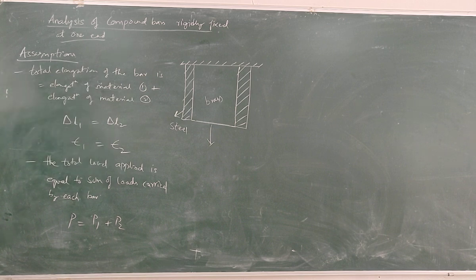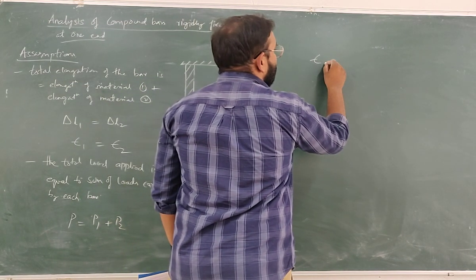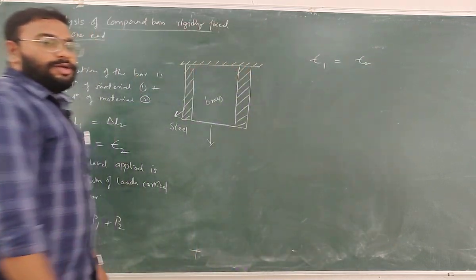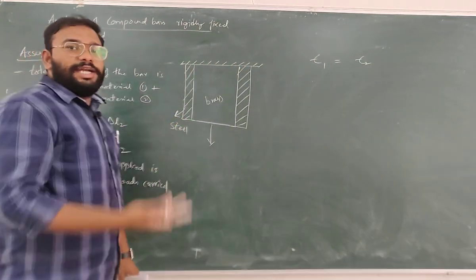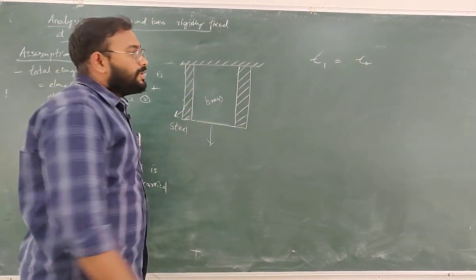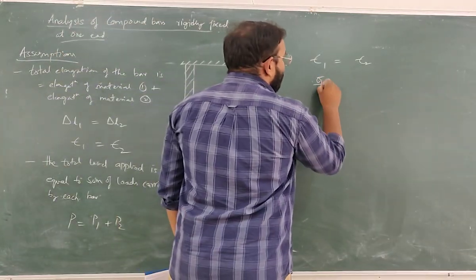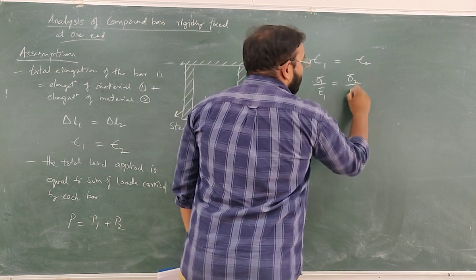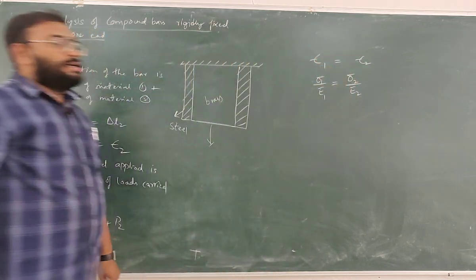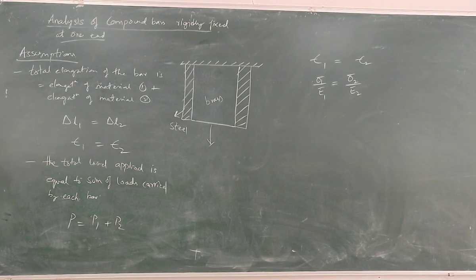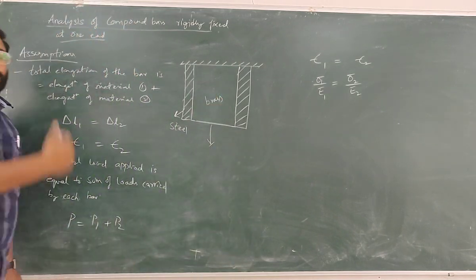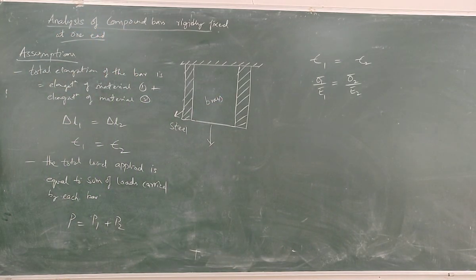We have said strains are equal, epsilon 1 and epsilon 2 are equal. We are assuming change in length to be same, then strains will be same. So this will be sigma 1 by E1 is equal to sigma 2 by E2. Strain is equal to stress by Young's modulus.